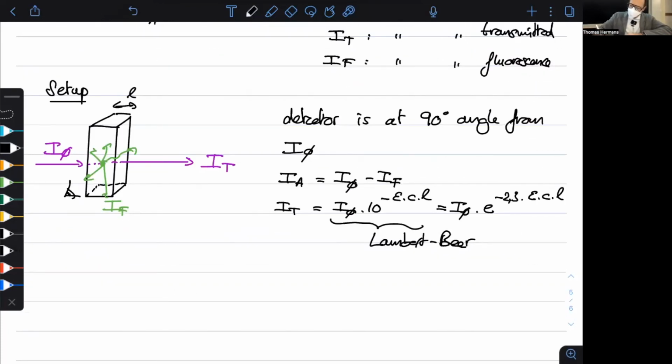Okay, so the intensity of absorbed light is I0 minus I0 times e to the minus 2.3 times E times C times L, substituting that here.